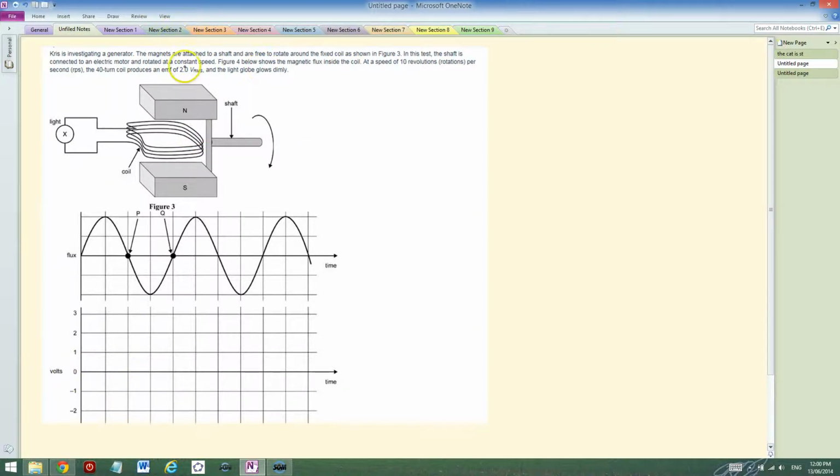Okay, if you read the basic principle, now there are 40 turns of coils, and the induced EMF is 2 volts RMS. So the RMS value is 2 volt. When I try to sketch the graph here, I need to know the peak voltage.